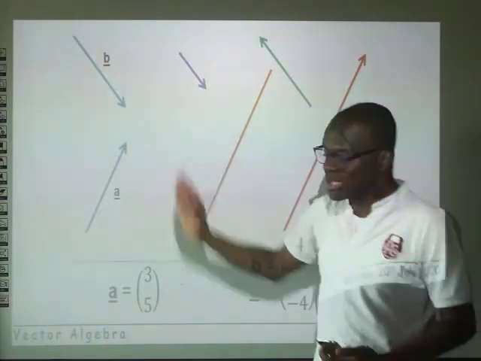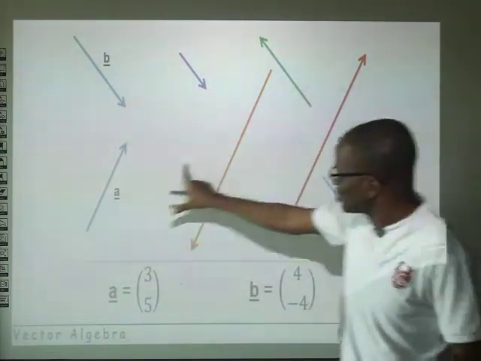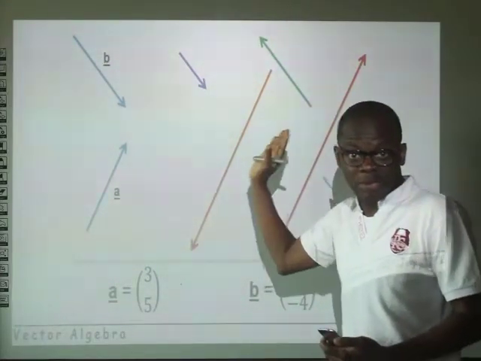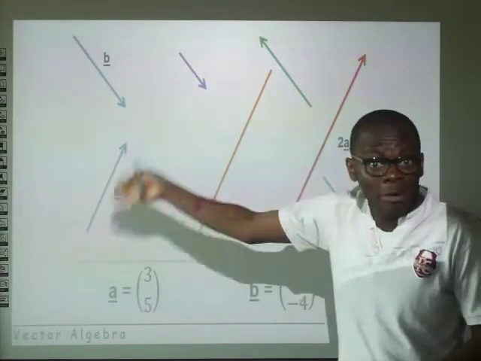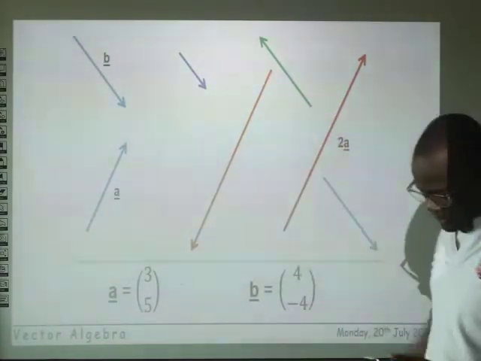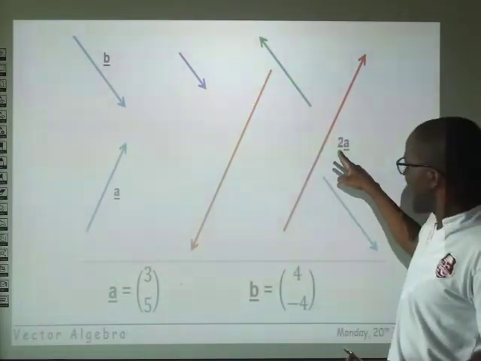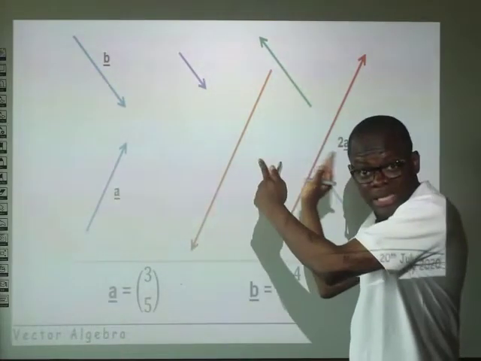That's why it's just the size that changes. It's still positive because they're still pointing in the same direction, and you can see that clearly from the fact that they're both parallel. Alright, so if you can write one vector as a scalar multiple of the other, that shows that they're pointing in the same direction.